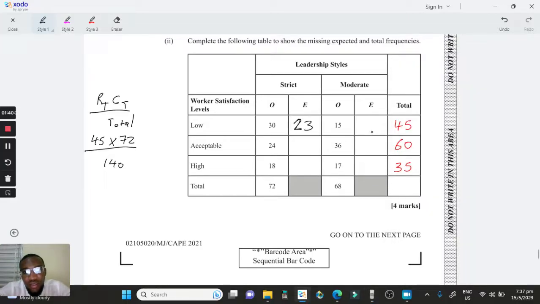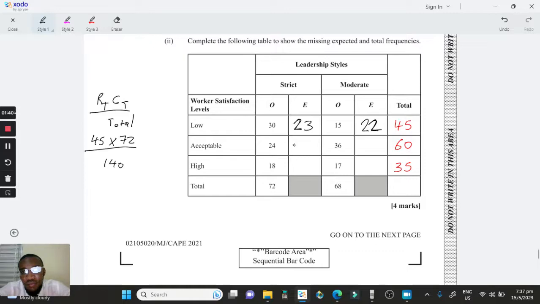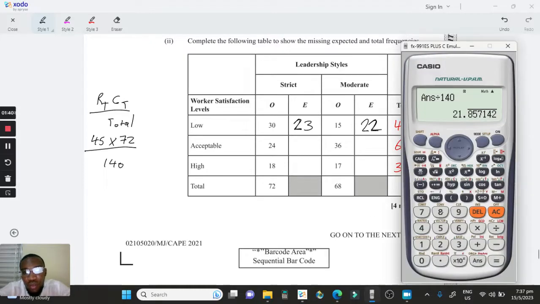Now this one: our row total is the same, but our column total is now 68. So the formula would be 45 times 68, and then we divide that by 140. So this is now 22. Working out now, this is row total 60 times our column total 72.